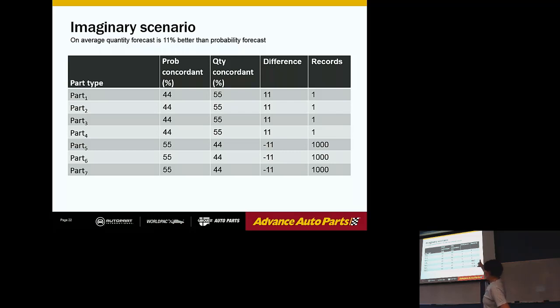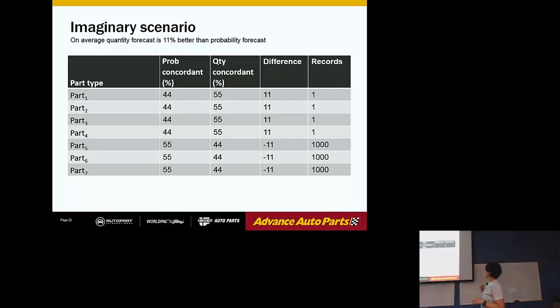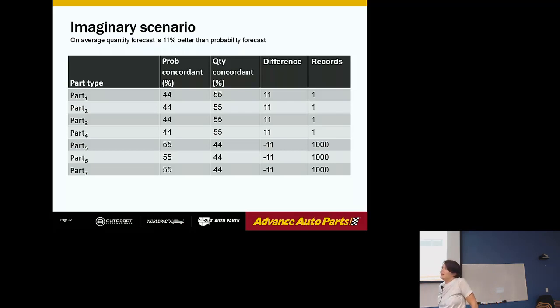And the average of that is 11. However, let's imagine that the first 4 have 1 record, and the last 3 have 1,000 records. When we look at that, we're saying no, even though it's on average 11% better, we are not going with that forecast.